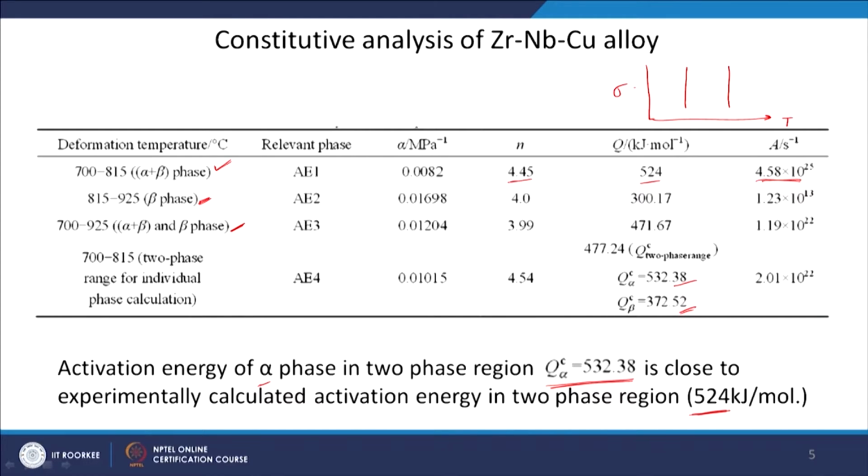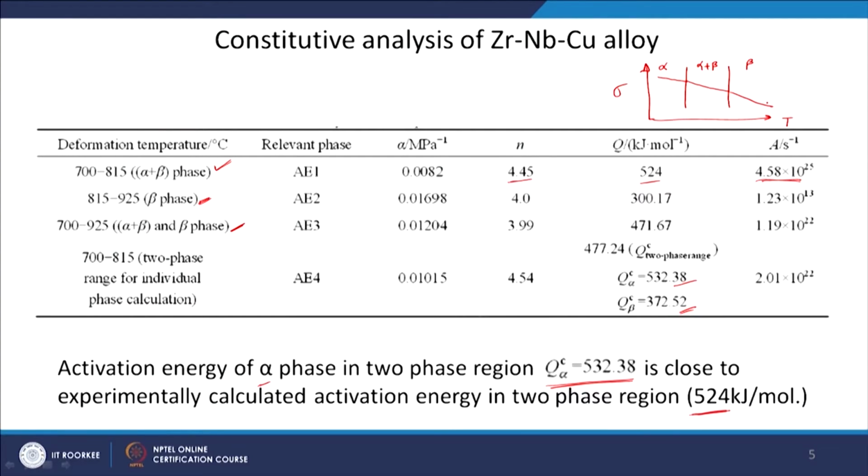Temperature is increasing here and flow stress data is like this, and this is where you have alpha phase, this is where you have alpha plus beta, and this is where I have beta phase. Suppose flow stress is decreasing as a function of temperature obviously, but the slope may be different in different regions.